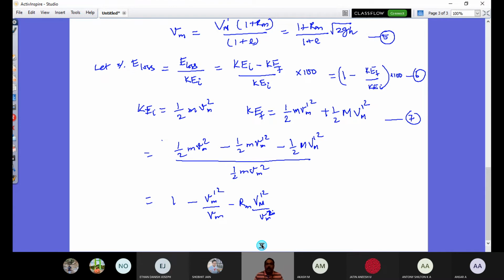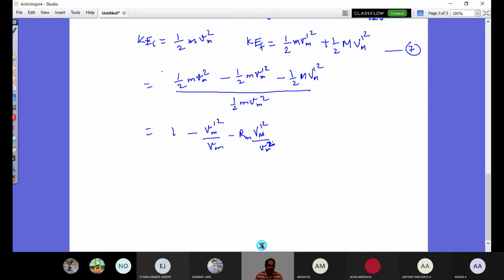So now I can substitute because I have already the equations for Vm dash by Vm, and capital Vm dash by small Vm. I have this expression. So if I substitute them here, that's going to be 1 minus Rm minus E, since it's square, divided by, what is Vm squared? 1 plus Rm.